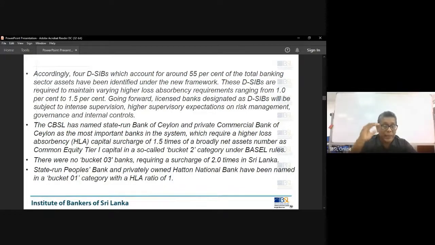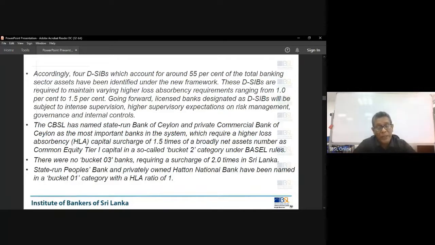So the extra capital they need to maintain is around 1.5%, which will be at CET1, that is common equity Tier 1. You need to add that.